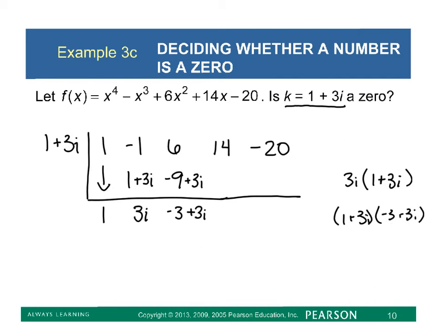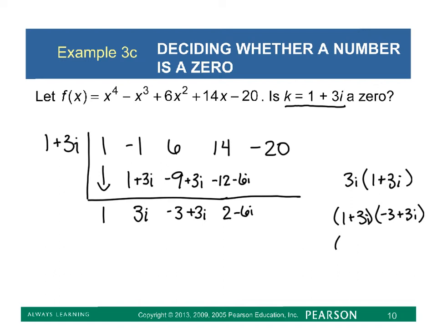You're going to have to FOIL that together, and remember, i squared is the same thing as -1. And now, this right here, we get in this spot, -12 minus 6i. Put together the real numbers, we get 2 minus 6i.